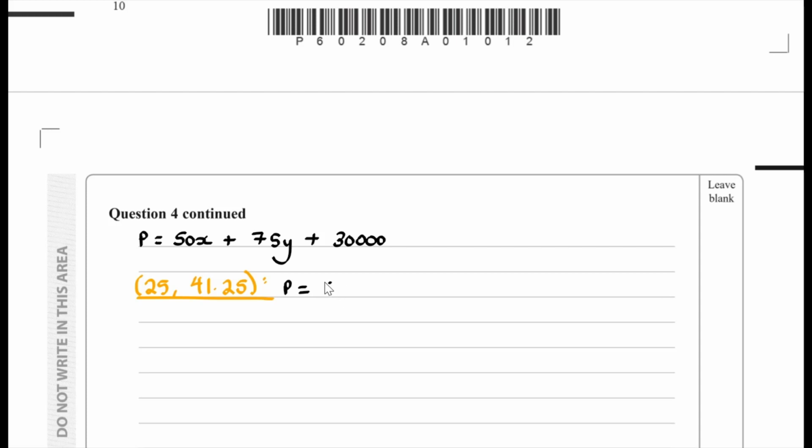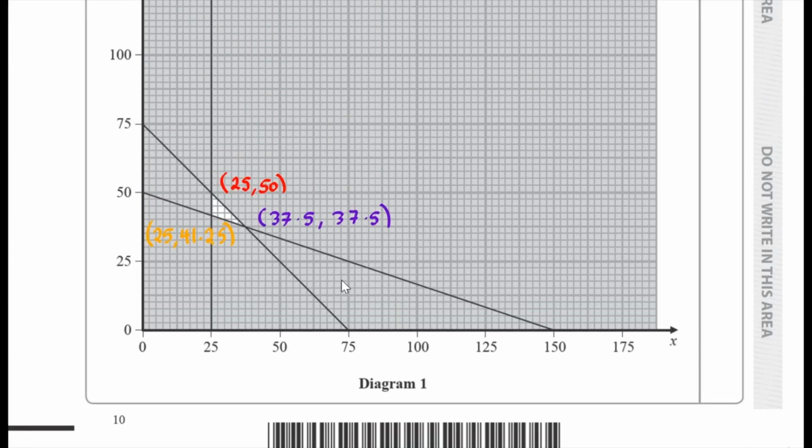So we have p equals 50 times the 25, and then we have 75 lots of this y value of 41.25, and then we have this 30,000 as well. So therefore you'd find p to equal, if we substitute all this into a calculator, we end up with 34,343.75.